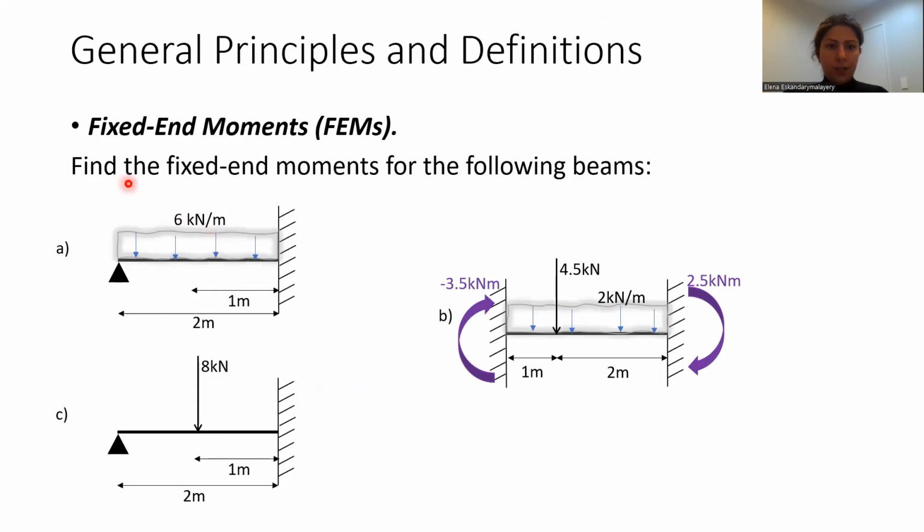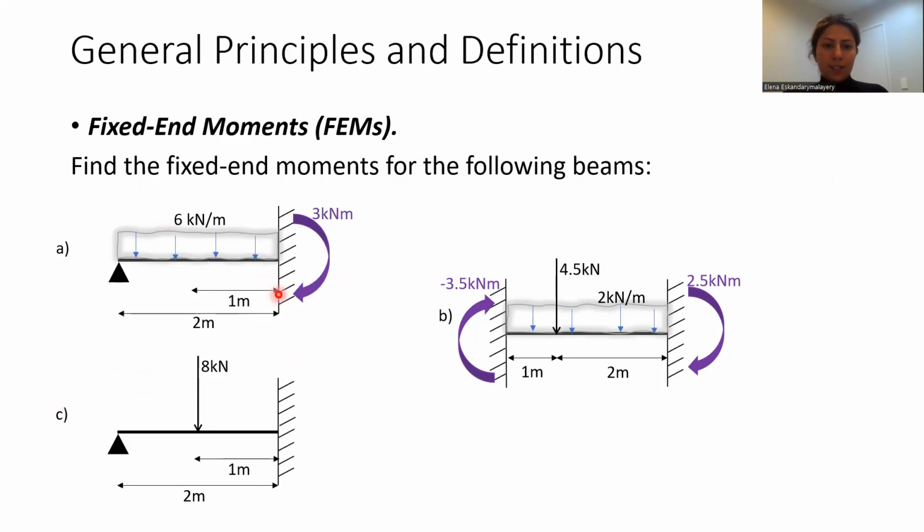If we look at these examples, you can pause the recording and try to find the fixed end moments. Okay, I assume that you paused it, went through it, and here is the answer.